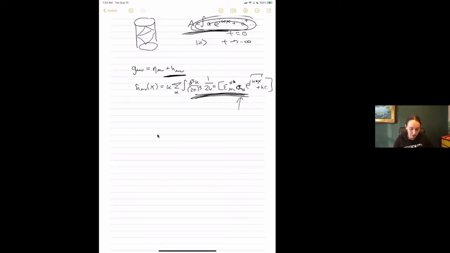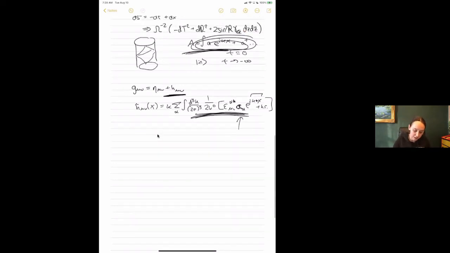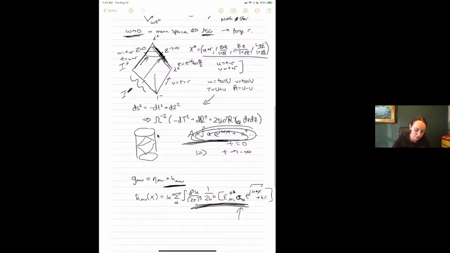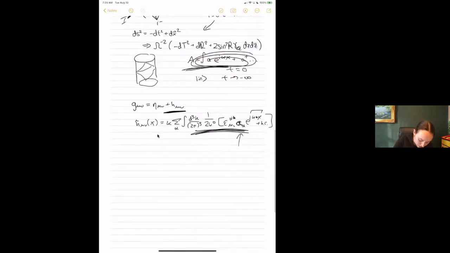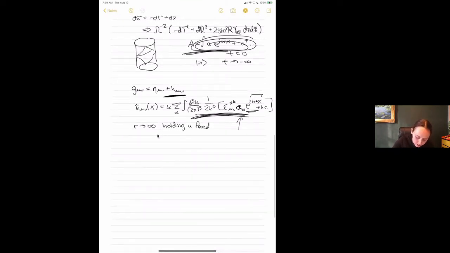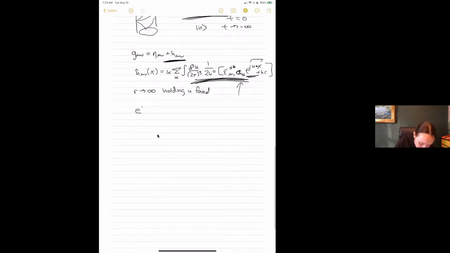Now I want to take advantage of the fact that for massless fields I want to look at future null infinity, which means I want to take r to infinity, holding u fixed. That's going to do something funny with this phase. When I have e to the i omega q dot x, this is going to look like a rapidly oscillating phase in the large r limit.